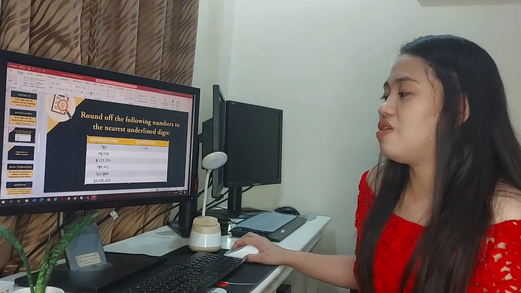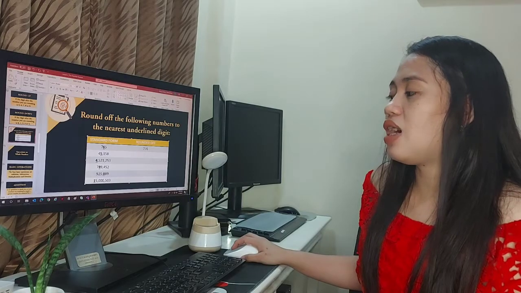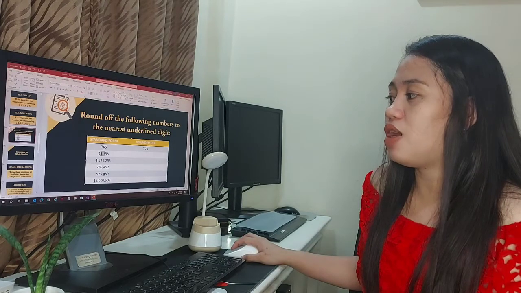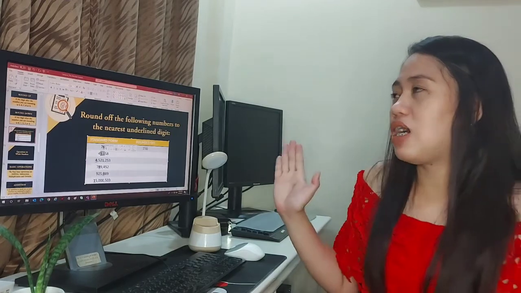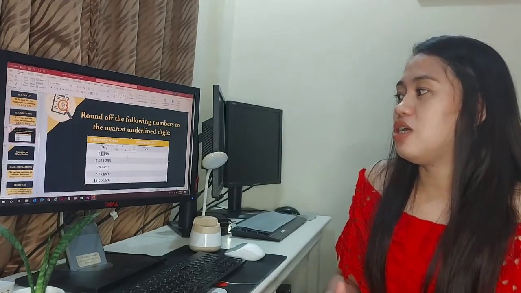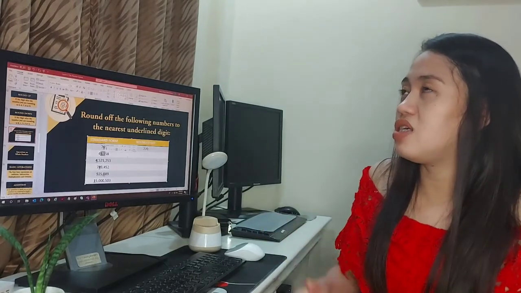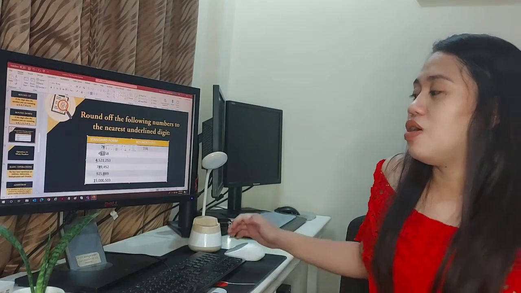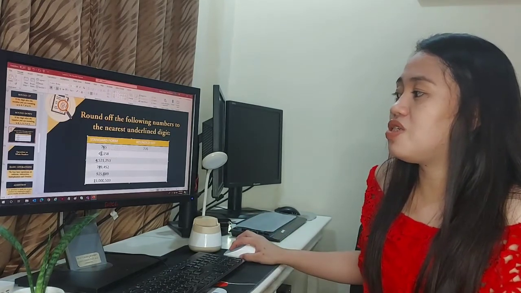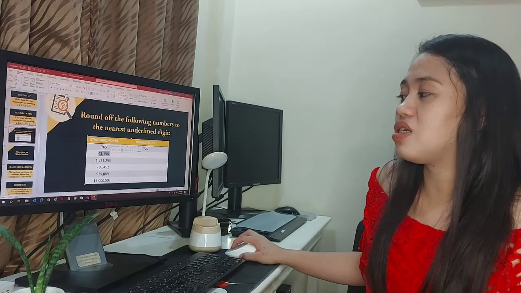What if we have here 45,158? So, ang katabi ni 5 ay 1. So, pag round down naman, kapag ang katabi ng ni-round off nating digit sa right is 1, 2, 3, 4, and 0, the number stays as is, tapos lahat ng number niya sa right ay magiging 0.